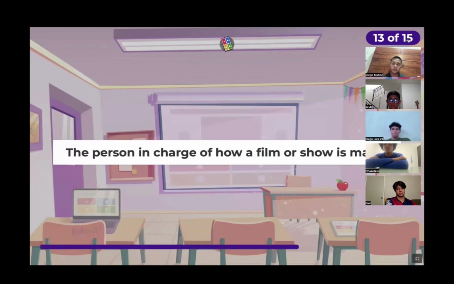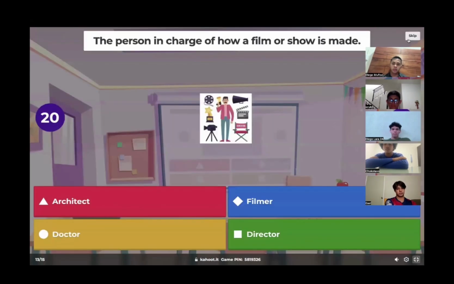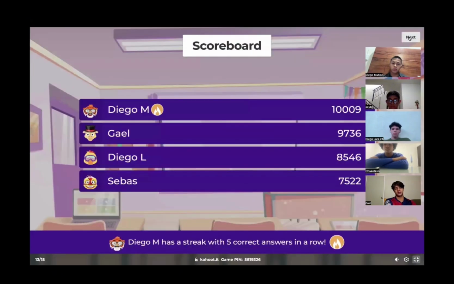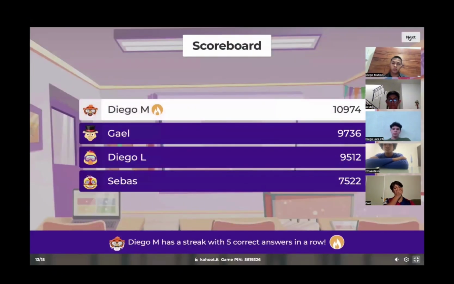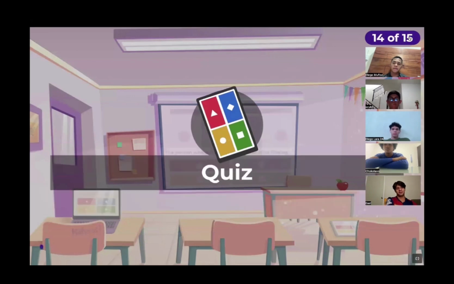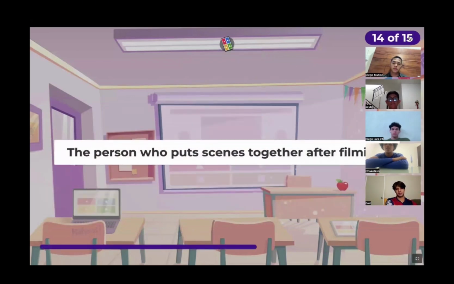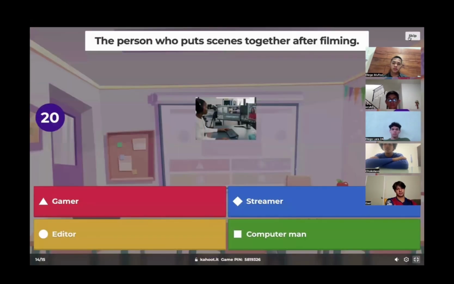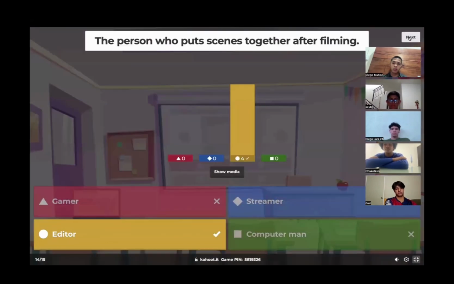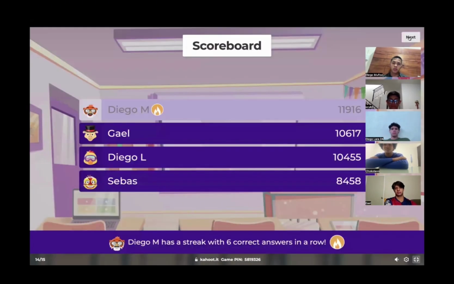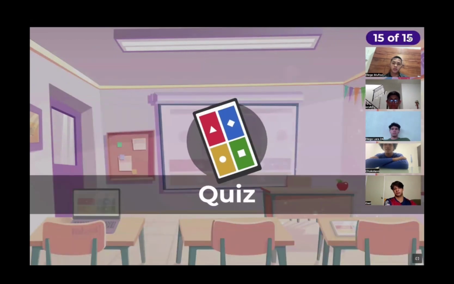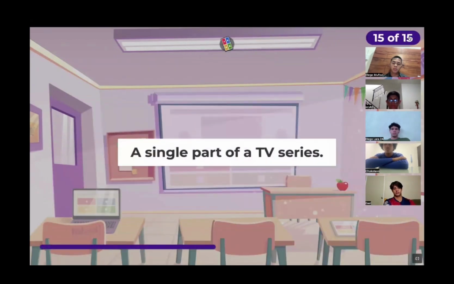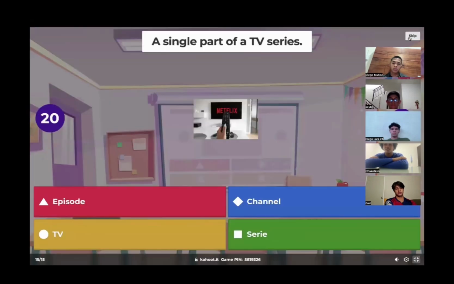The person in charge of how a film or show is made. The person who puts scenes together after filming. A single part of a TV series.